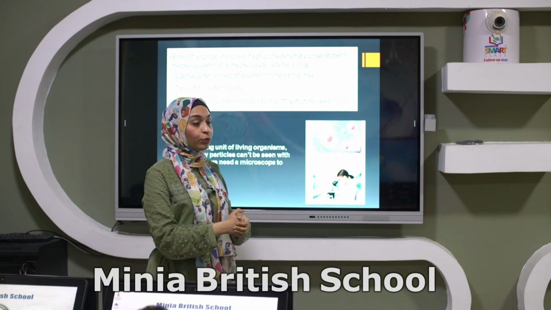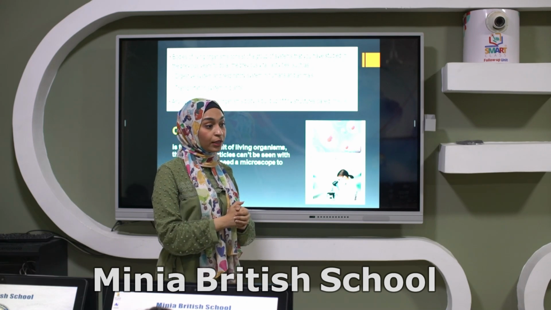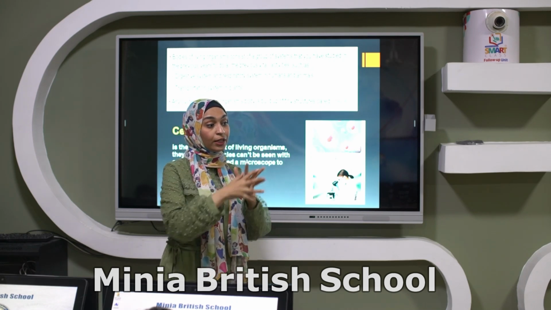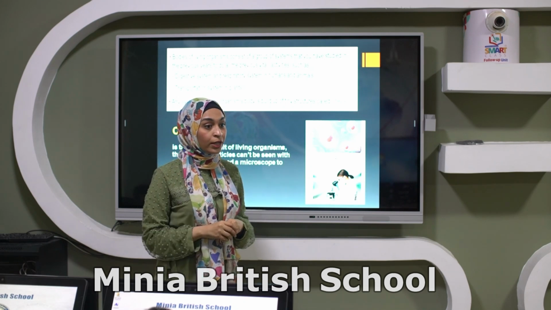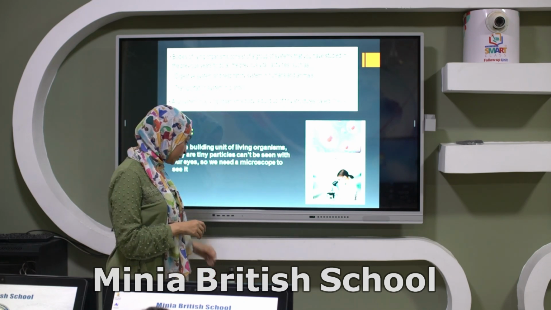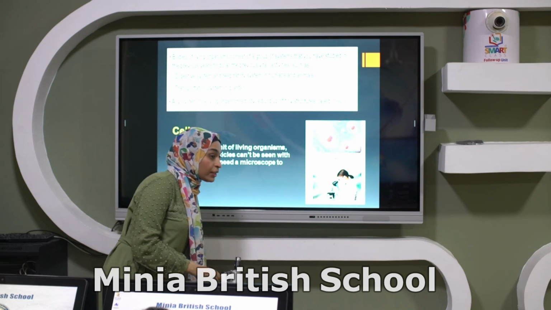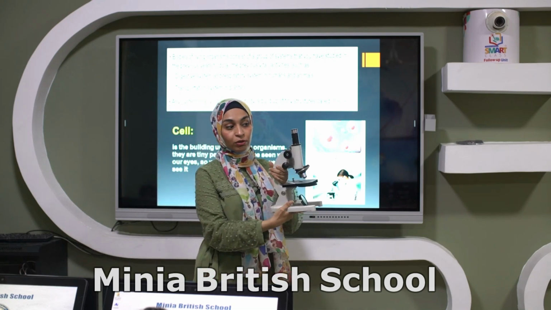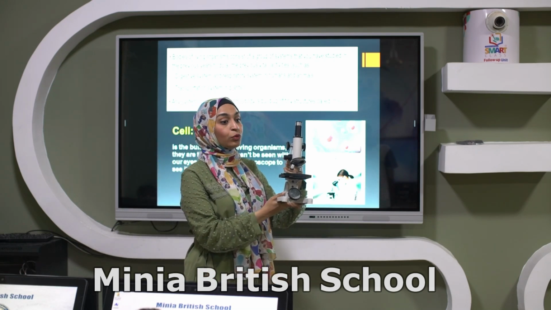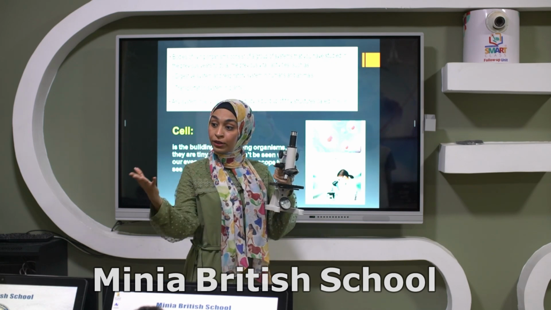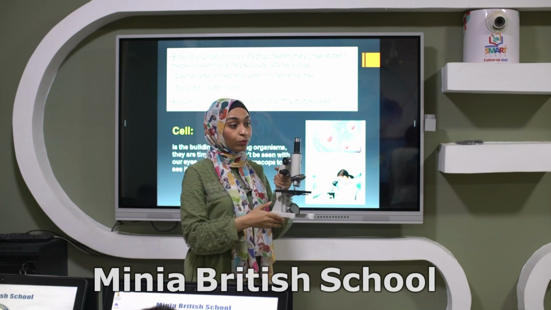And the same for the cells. If I want to see what the cell contains inside it, I can use a specific tool called the microscope. This is a microscope that I can use to examine different cells with different components.